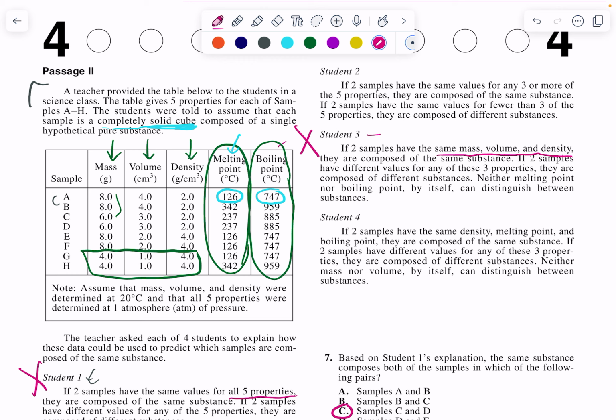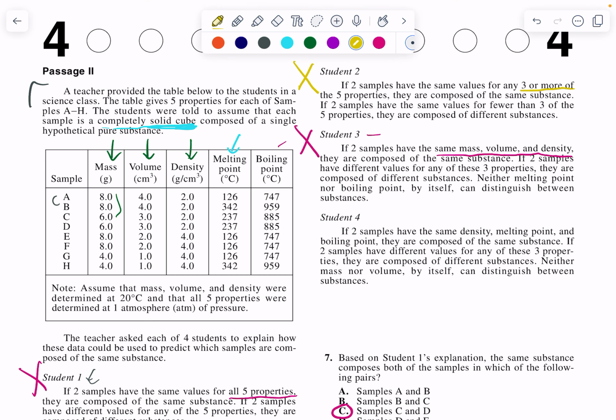Okay, student 2 said if two samples have the same values for any 3 or more of the 5 properties, they are composed of the same substance. So student 2 doesn't care what the properties are as long as there's 3 or more that are the same. But density alone is not good enough for student 2.